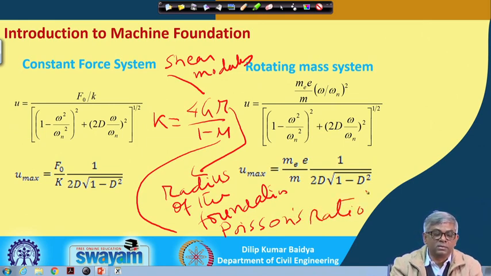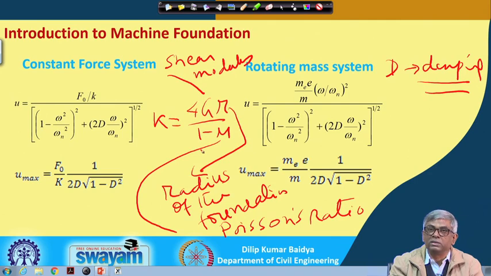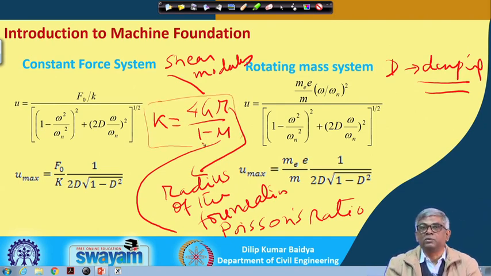So, k is required, and m naught will be known. Then another thing is damping, d is the damping. Damping and shear modulus are soil properties, and shear modulus and size of the footing together give the stiffness.